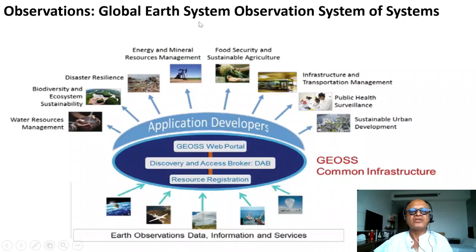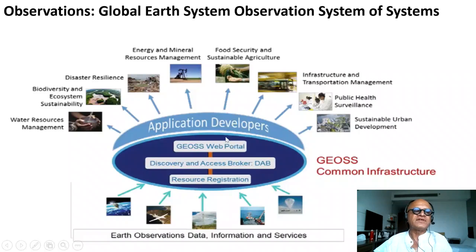So let's briefly look at the observations. There are lots of systems now in place. The Global Earth System Observation System of Systems, GEOSS, has many plans and has been operational for a while in various forms. It includes Earth observations, information, and services.